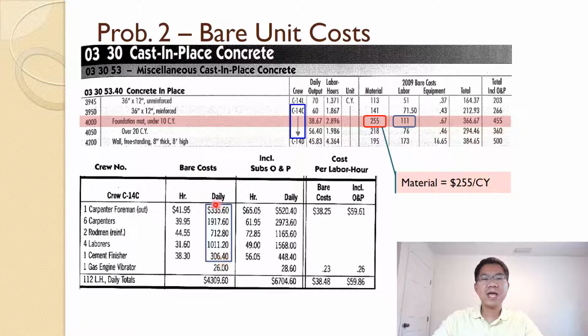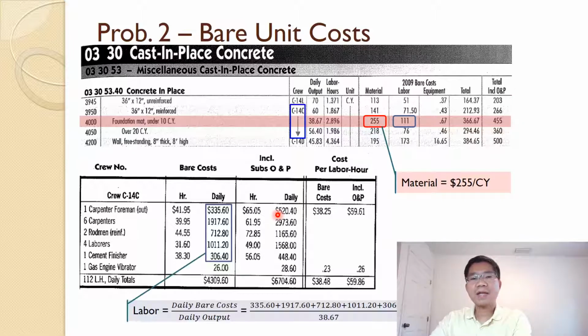This is per day what I have to pay for this crew, and of course this here includes overhead and profit, which is the last item. So we add them up. Daily bare cost is divided by the daily output, which is the 38.67 cubic yards per day this crew will produce.